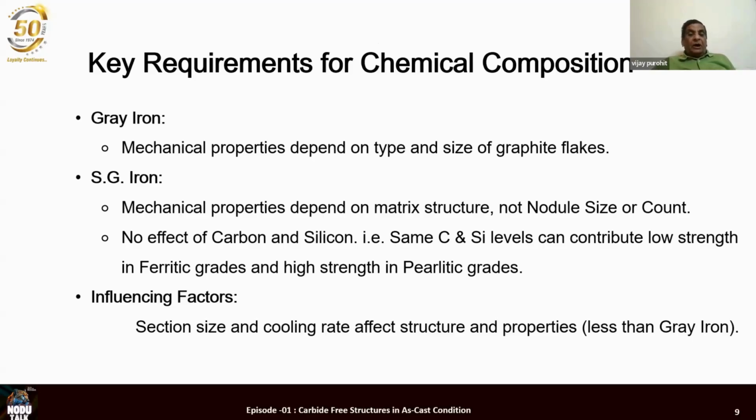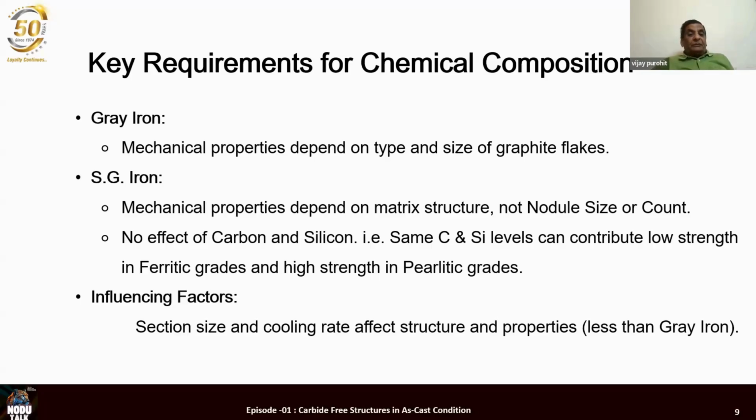The five chemical composition basic elements being carbon, silicon, manganese, sulfur, phosphorus. And the parameter is the carbon and silicon relationship, which is commonly known as carbon equivalent.